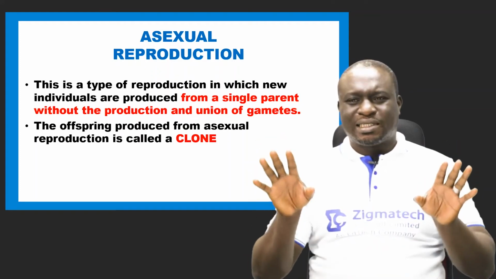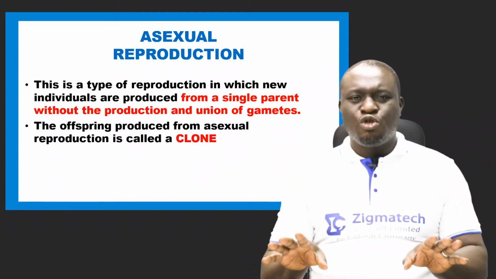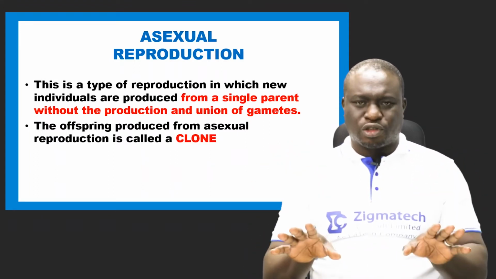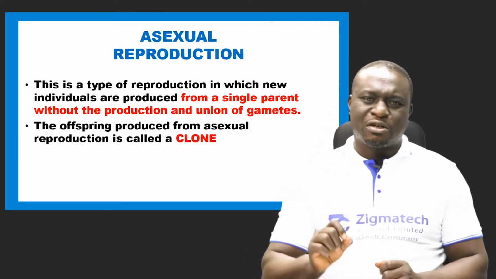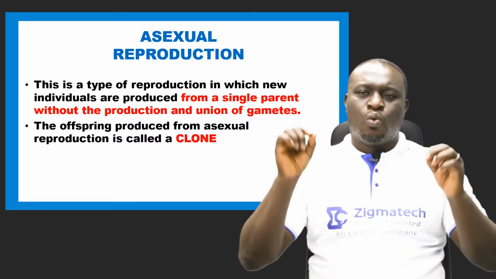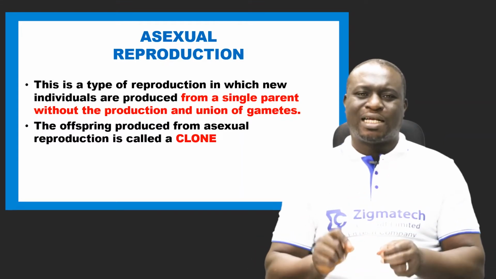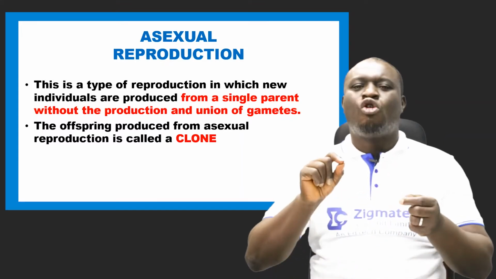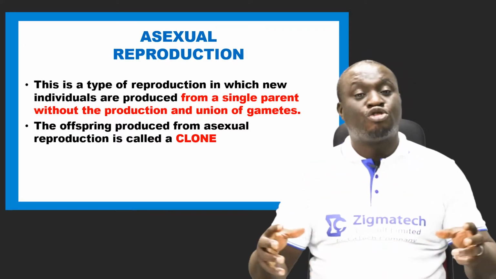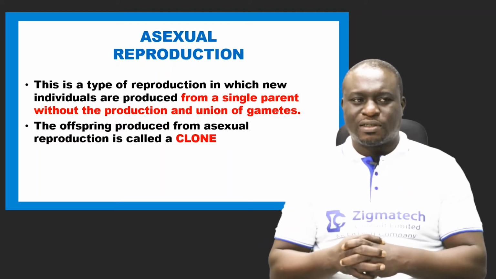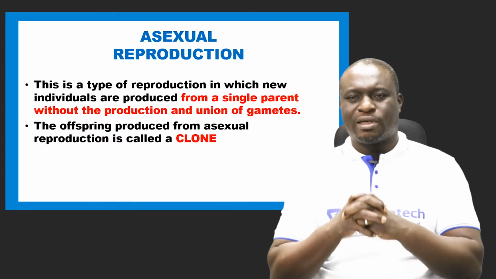It is a type of reproduction in which new individuals are produced or formed from a single parent, without the production and union of gametes. So in asexual reproduction, there is an absence of production and an absence of union of gametes.